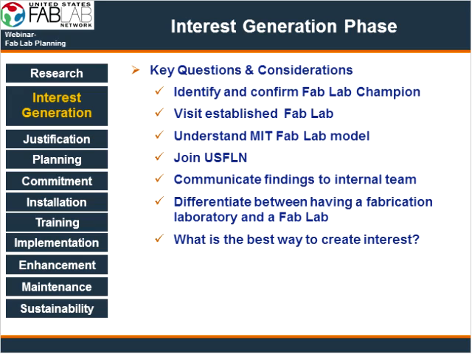But to understand what the Fab Lab model is all about, I can't recommend too strongly going to the Fab Charter. This is an ongoing draft which lays out the principles of Fab Labs. And this is one of the ways to discriminate between a Fab Lab, cap letters, and a fabrication laboratory.